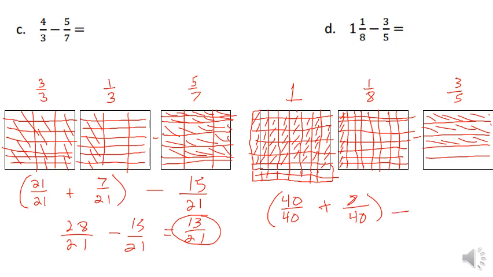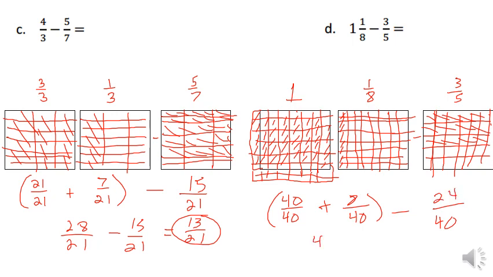Minus, over here we've got to combine our eighths with our fifths. So we're going to end up with, we know that the common denominator is 40ths, and we have 8 times 3, which is going to give us 24 40ths.